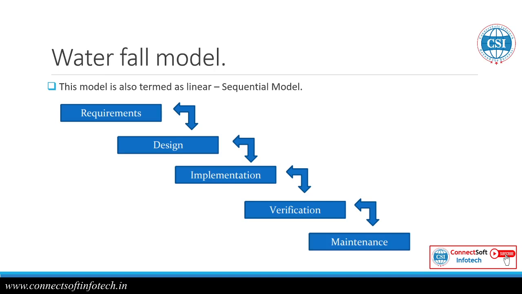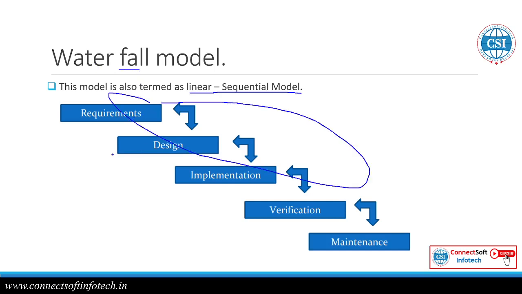incremental model, right? Incremental model means having multiple waterfall cycles. Okay, waterfall model is also known as the linear sequential model. Linear sequential model is waterfall, and the incremental model has multiple waterfall cycles. So after one cycle of the waterfall, then another cycle of the waterfall.